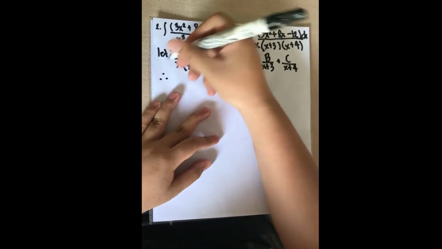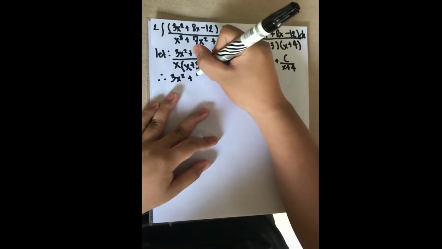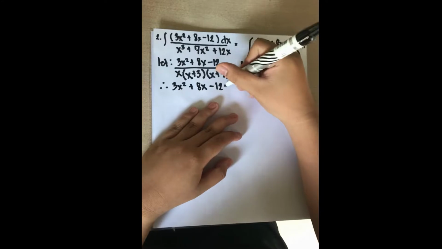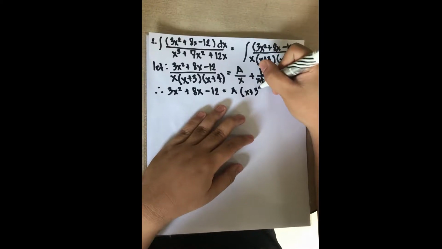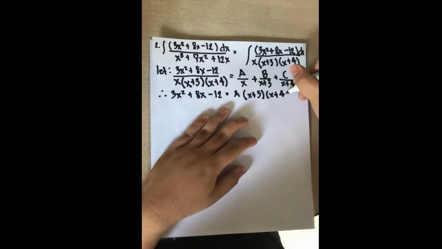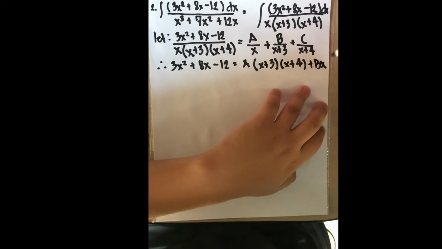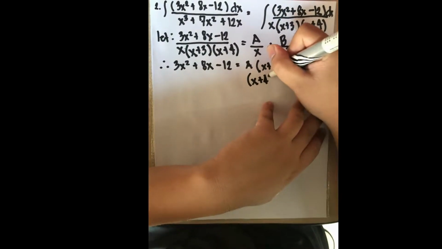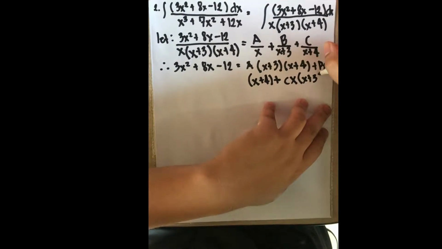Therefore, 3x squared plus 8x minus 12 is equal to a times quantity x plus 3 times x plus 4, plus bx times quantity x plus 4, plus c times x times x plus 3.